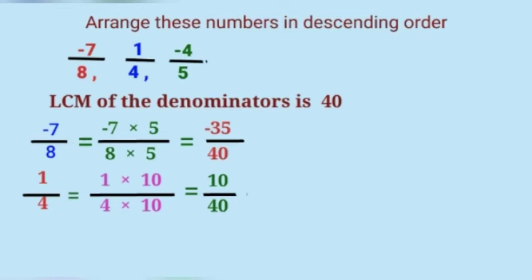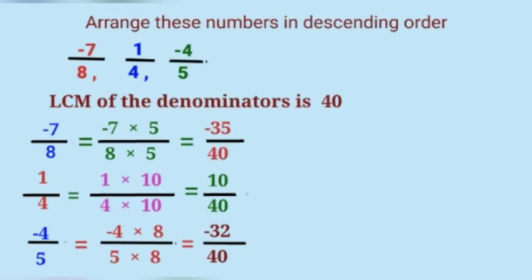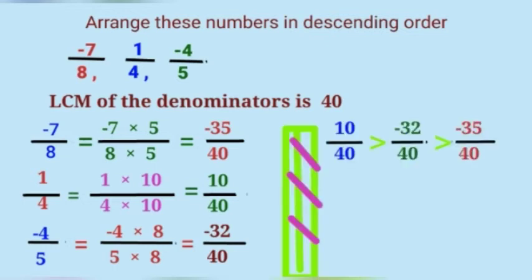Next number, minus 4 by 5. Minus 4 by 5 is equal to minus 4 into 8 by 5 into 8. That is equal to minus 32 by 40. Now the denominators are same. So arrange these numbers in descending order.